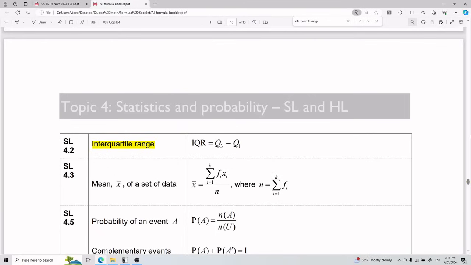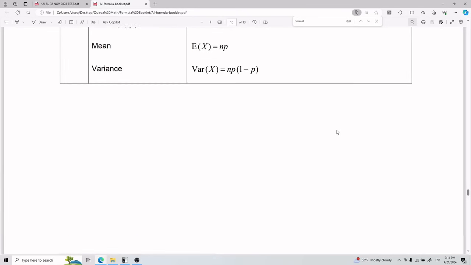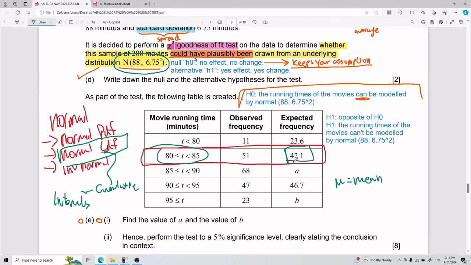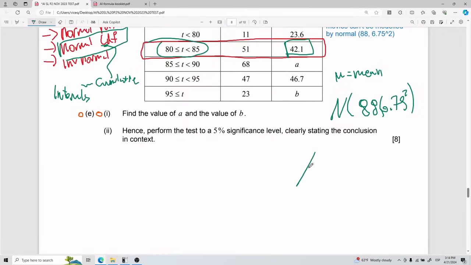When they give you values, for example, 88 and 6.75 squared, the normal distribution is mean, comma, variance, or standard deviation squared.